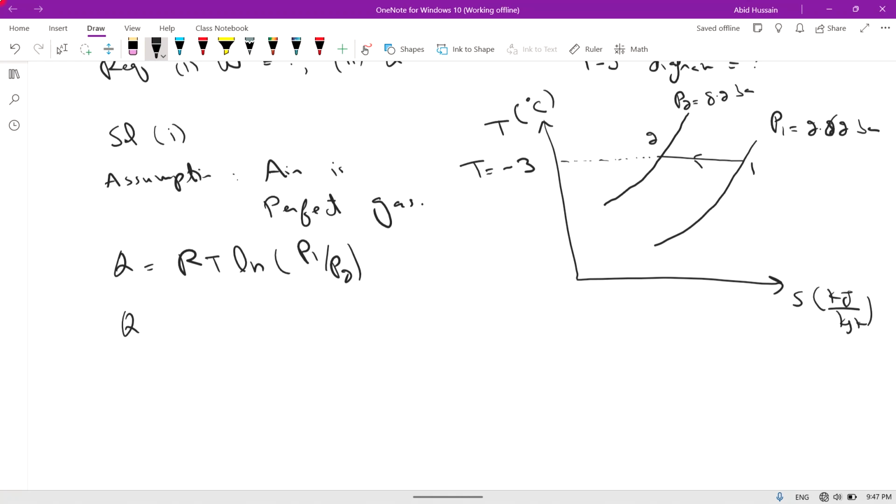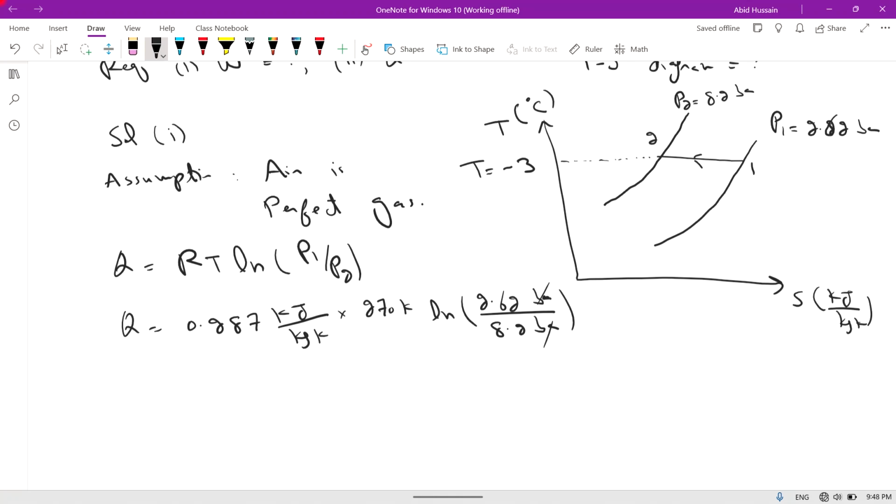So Q is equal to, for air R is equal to 0.287 kilojoule per kilogram per Kelvin, and temperature is minus 3 degrees centigrade, or in Kelvin is equal to 270 Kelvin. Natural log of P1 divided by P2. P1 is 2.62 bar and P2 is 8.2 bar.